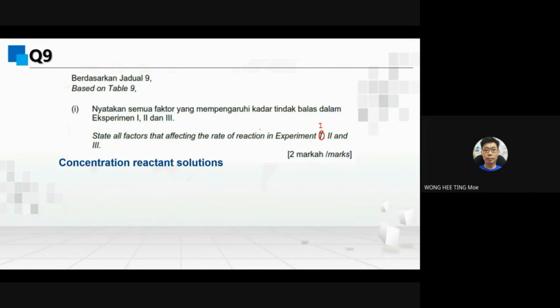Now state all factors that affect the rate of reaction in experiments 1, 2, and 3. The factors are the concentration of the reactant solution, the acid, and the temperature: 2 factors.